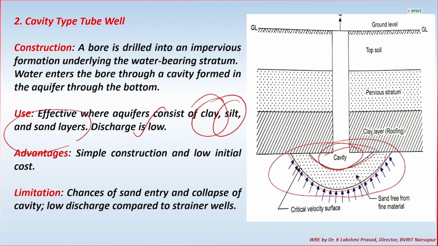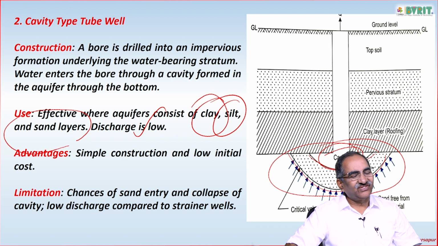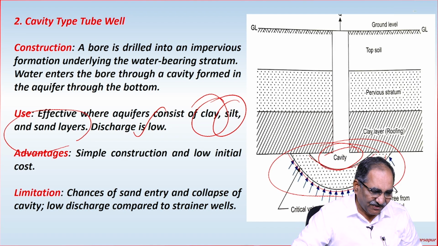The limitation is that there are chances of sand entry from here, and this cavity may also collapse after some time. So it is not suitable at all places. You can use this type of well only in slightly hard soils.